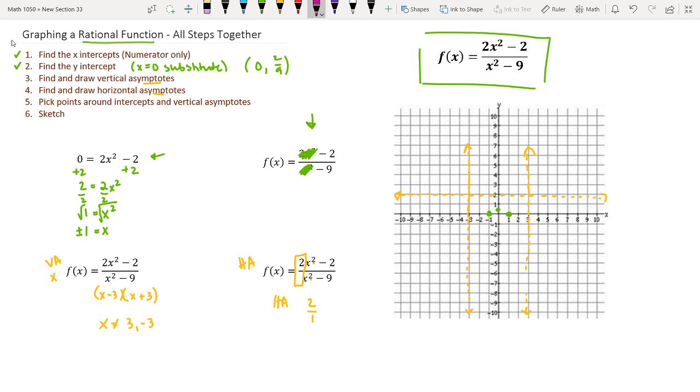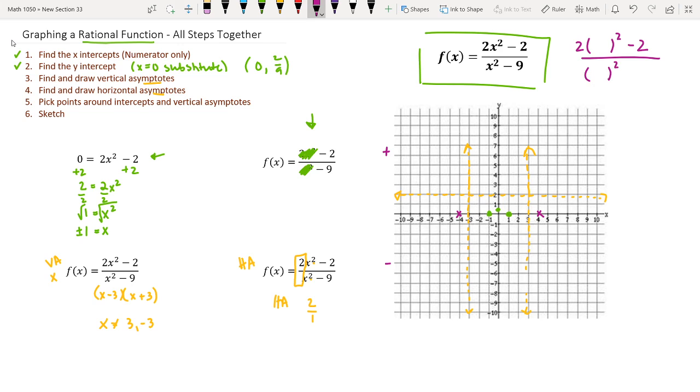To do so, I'm going to have to pick some points because I've created a bunch of sections, and I want to know if they're going to be in the positive or in the negative. I'm going to pick the point negative 4. Well, I anticipate it's going to be in this one, so we can jump to positive 4. I'm sticking it back into the original and substituting that in.